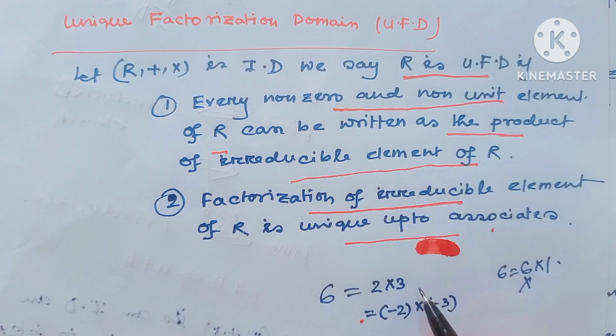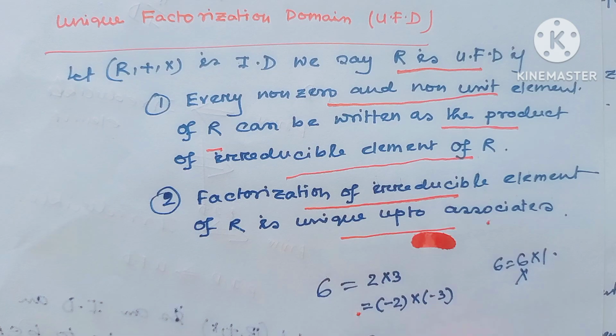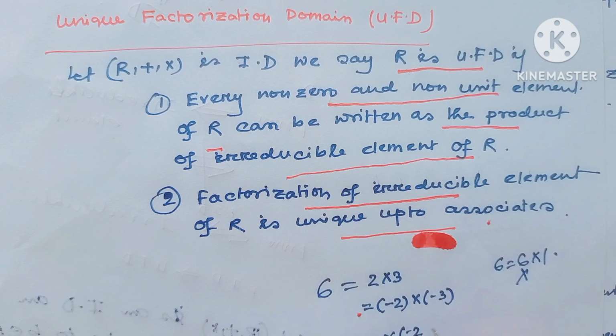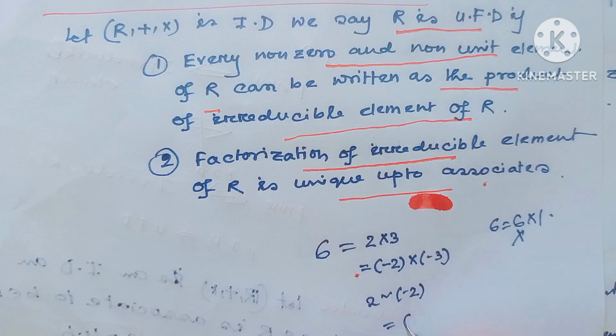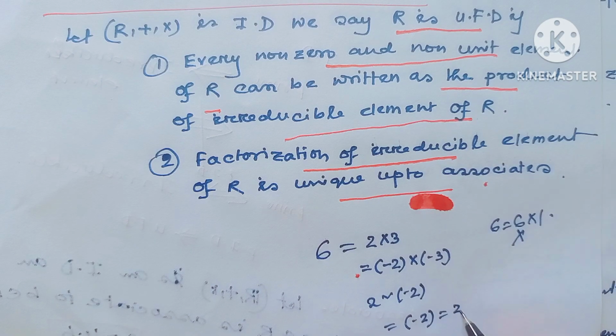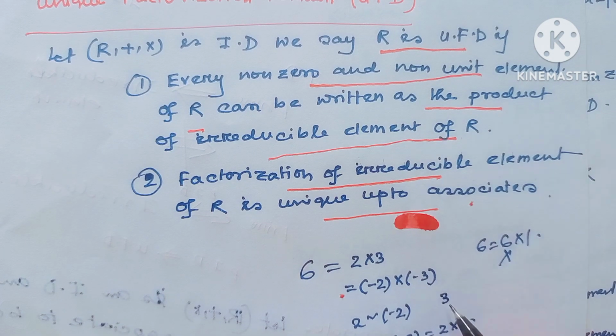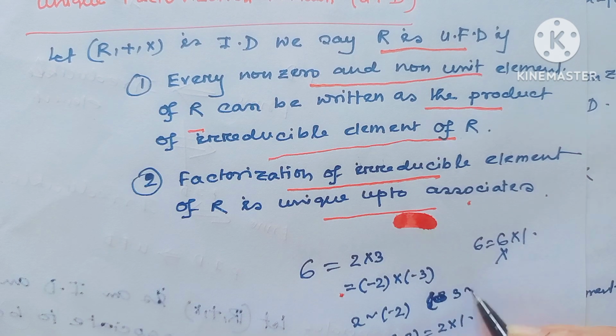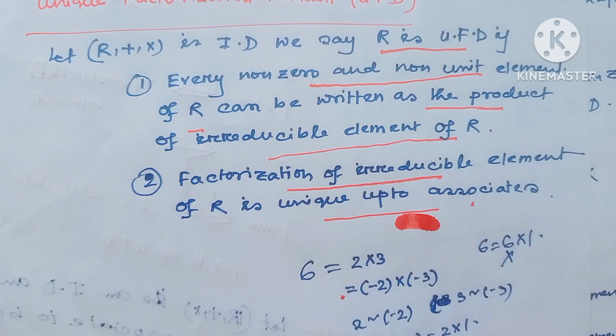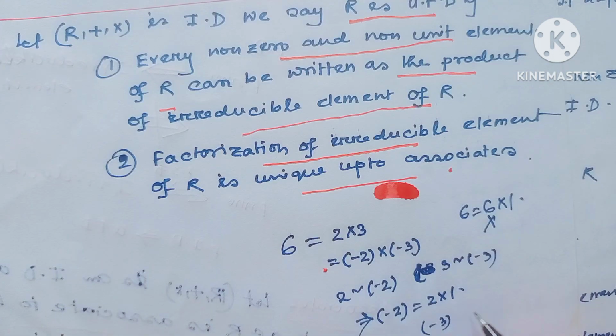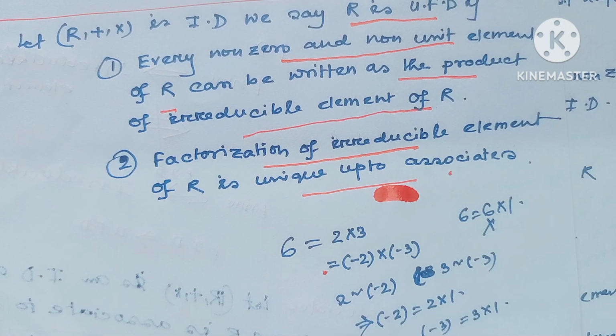And notice 2 is associated with minus 2 because we can write minus 2 as 2 times minus 1. Similarly, plus 3 is associated with minus 3 because minus 3 we can write this as 3 times minus 1, where minus 1 is the unit element in Z.